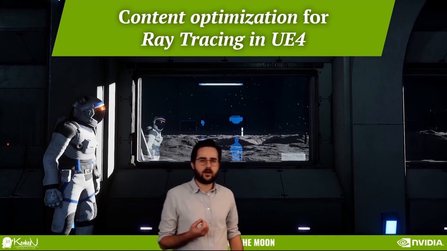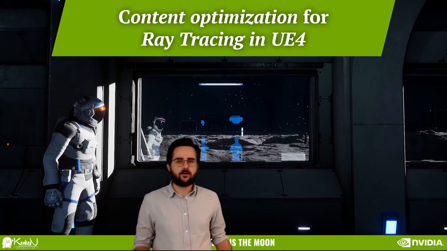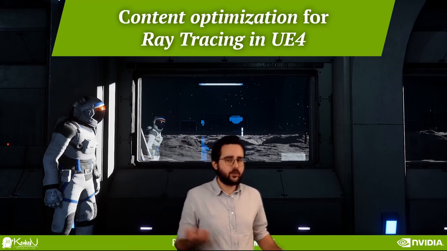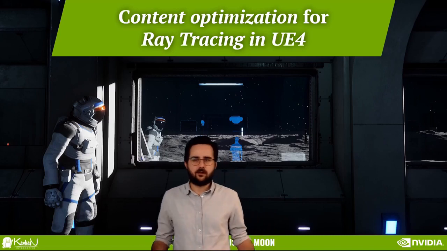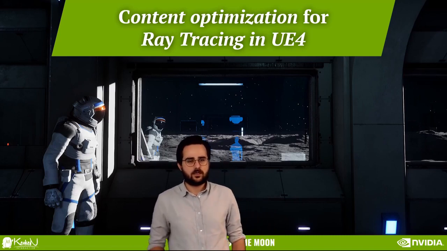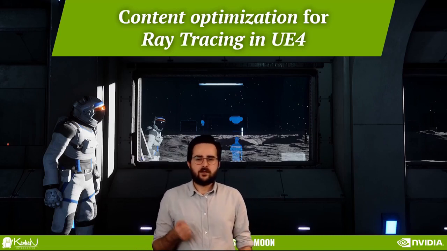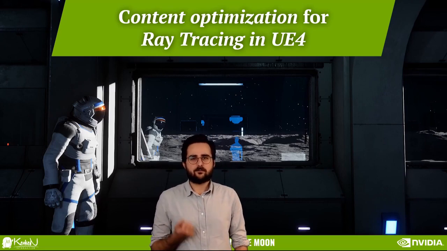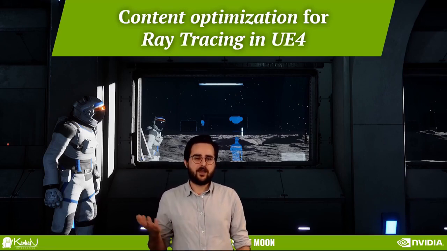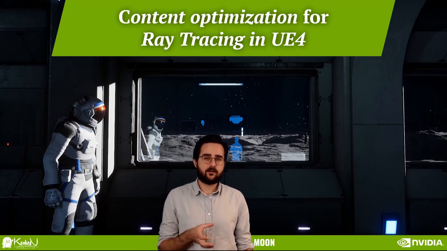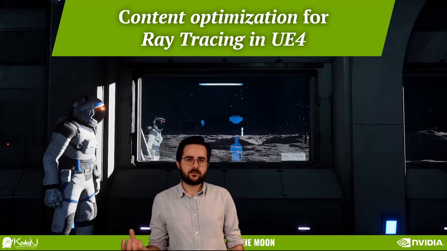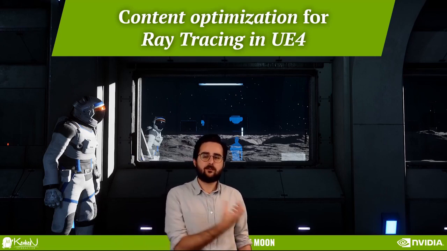For example, our landscape was completely loaded in, but it didn't have to be. It could just be loaded out and nobody would notice. We're going to be optimizing our game to figure out where most of the performance has gone and how we can optimize our content to work better with ray tracing and make it compatible with that.